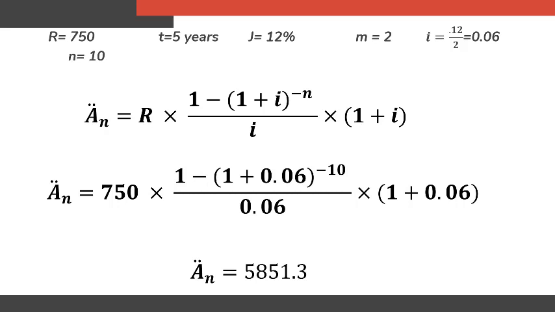Then in the formula A double dot N equals R times (1 minus 1 plus I to the power of negative N) over I, times (1 plus I), we have 750 times (1 minus 1.06 to the power of negative 10) over 6%, times 1.06. We have A double dot N equal 5,851.3.